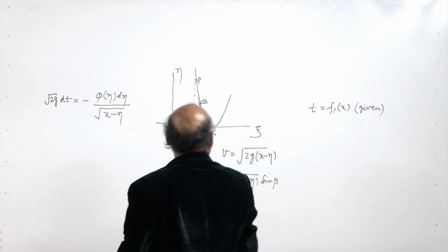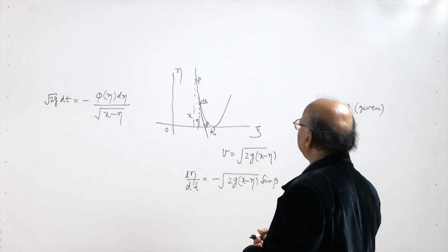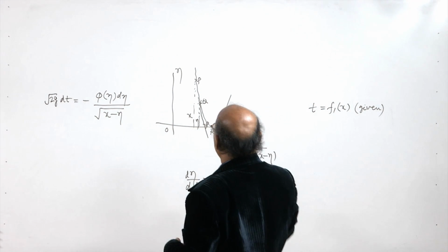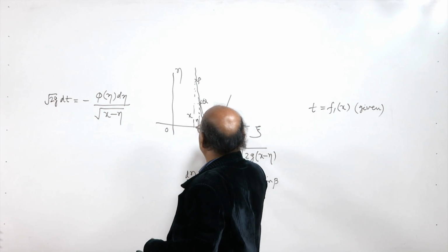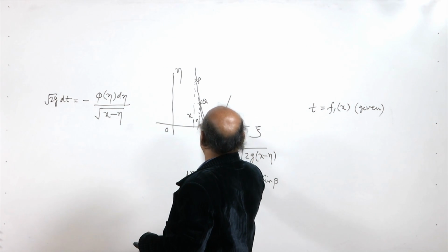Now, we have assumed that t is the time taken by the particle to slide from the point P to the point R on the xi axis, the lowest point.